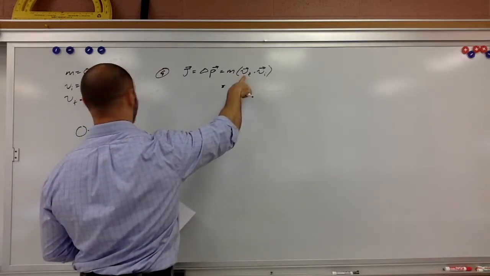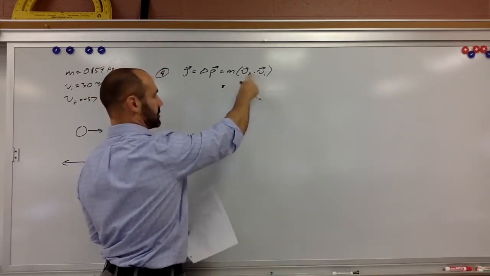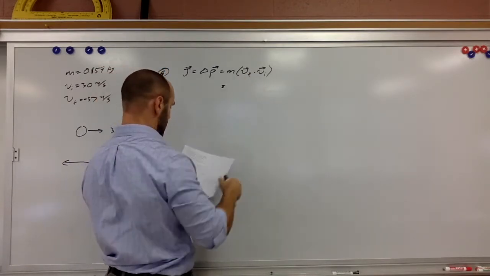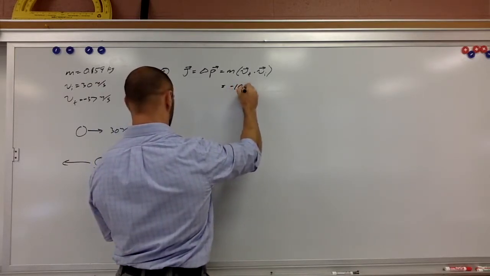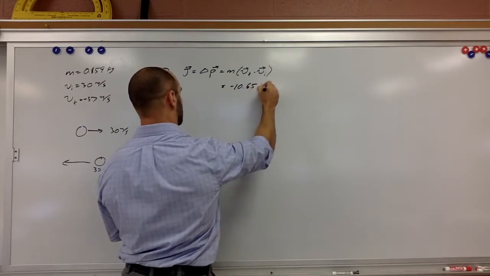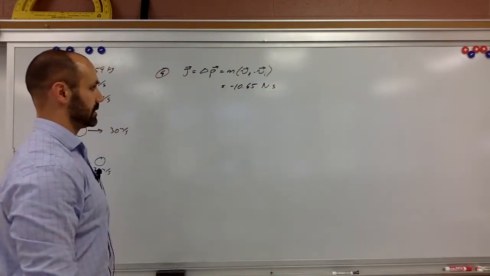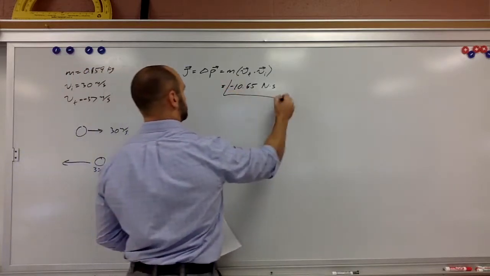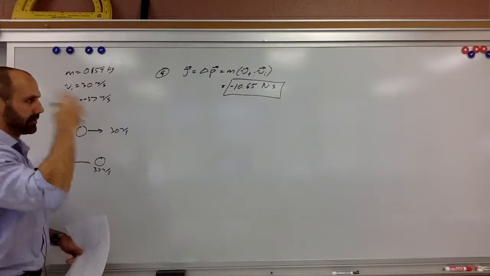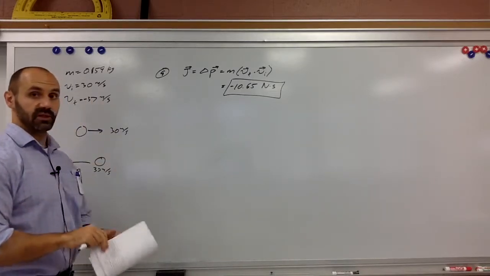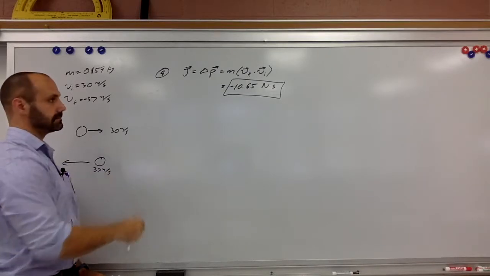This is negative 37, and this is 30, right? So negative 37 minus 30. And when you do all the calculations, you end up with negative 10.65 Newton seconds. We can put it in terms of Newton seconds. That's okay. All right? That means the net force on it was in that direction, right? Think through what that means. And we would expect that because the change in the velocity was in that direction.